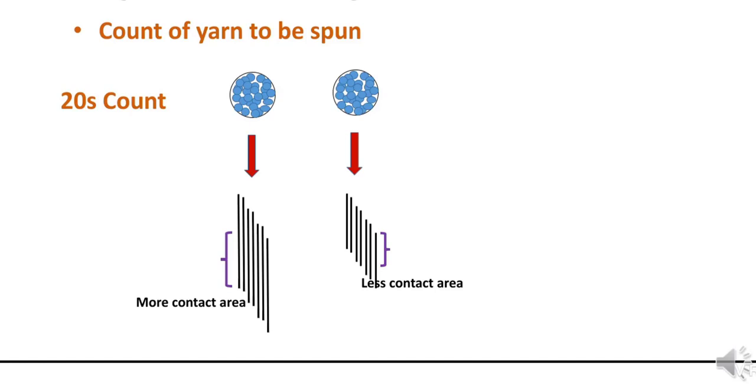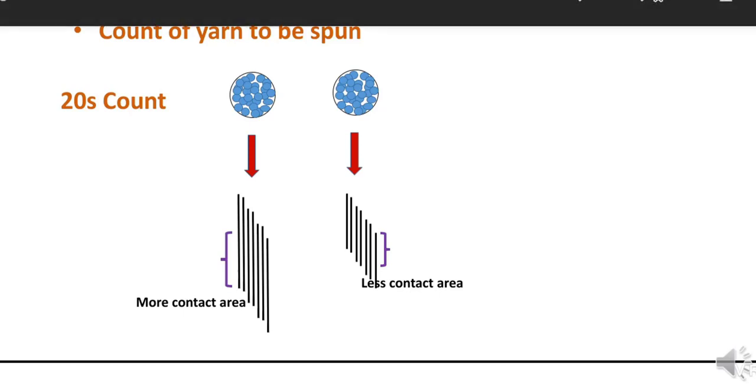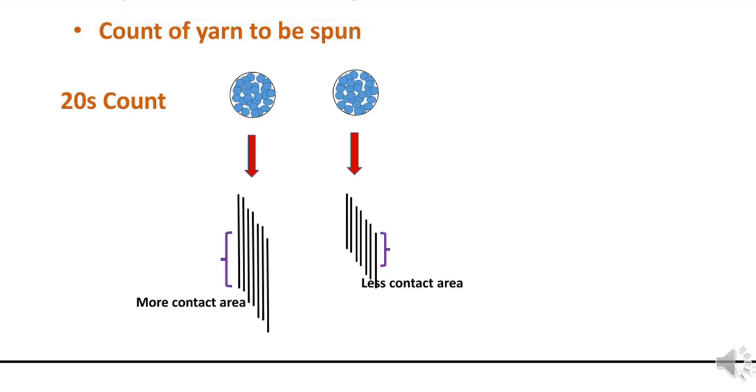What is going to change is this overlapping area, which I have shown by this bracket. Now here in this case, with longer fibers, you are going to get more area, while the overlapping area is less in case of the short fibers. So you can spin the 20s count yarn with both the types of fibers.